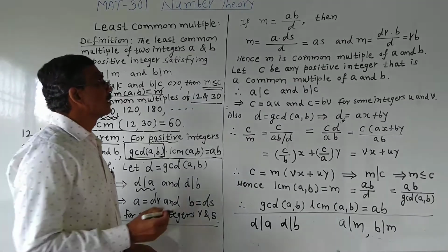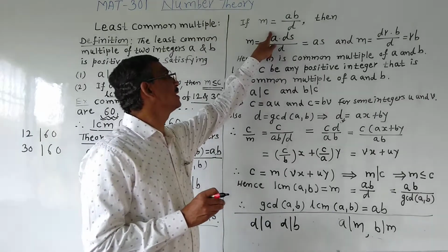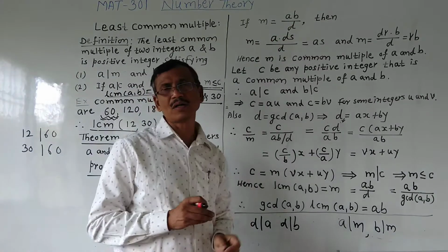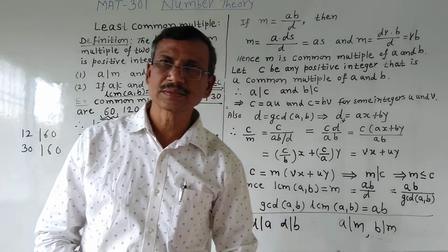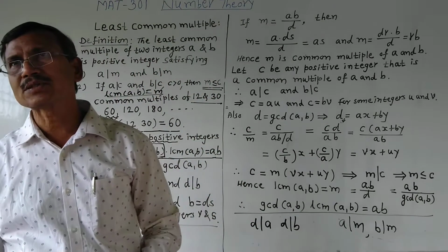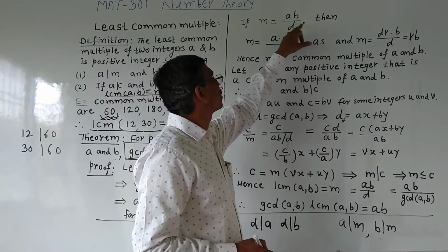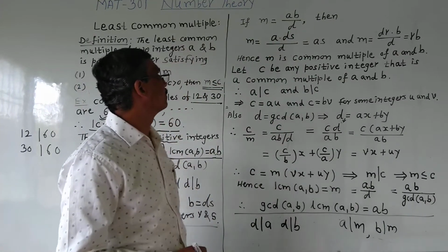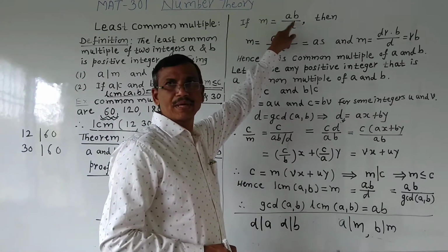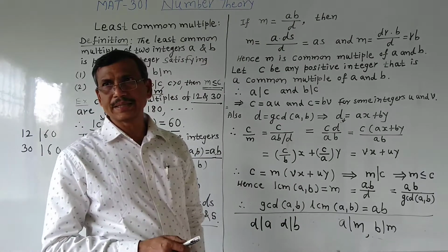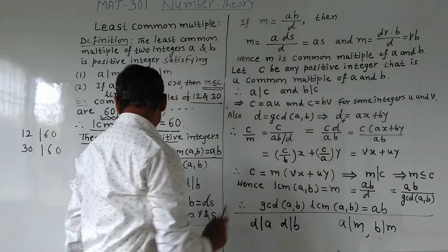Now consider the value of M is A into B upon D. Here A and B are the given integers and D is the greatest common divisor of the given integers. This ratio is denoted by M. As we have M is equal to AB upon D, but we have the values of A and B here.